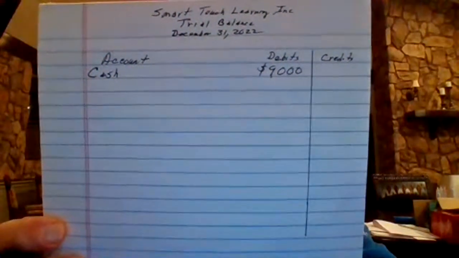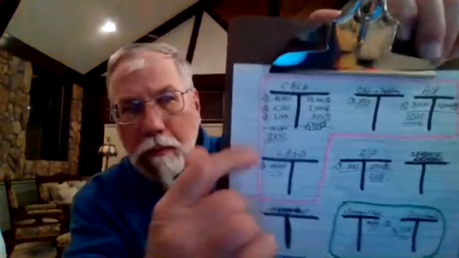Cash, $9,000 debit balance. That came right out of the general ledger account. To save time, I'm just going to write them all down in the order in which they appear in the general ledger, which would be parallel to the chart of accounts.